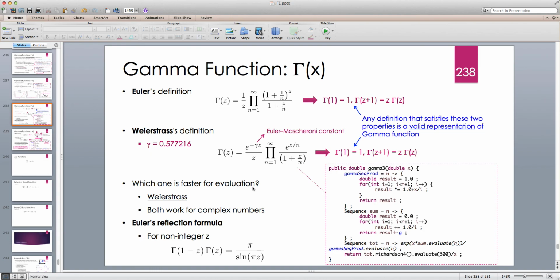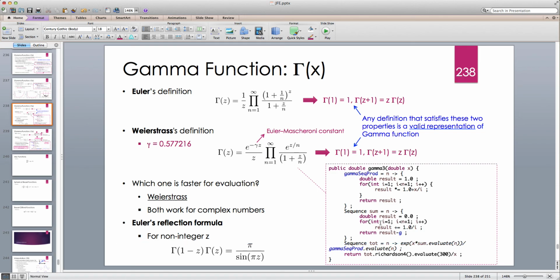Which one can give us a faster or more efficient way of calculation? And the answer is Weierstrass appears to have a slight edge here, so it's slightly better. And both of these again work for complex numbers without any restriction on z, because again we know how to define exponentiation for any complex number.